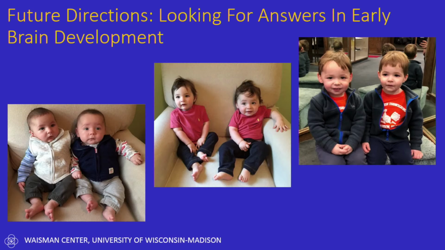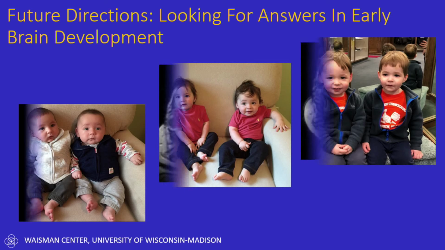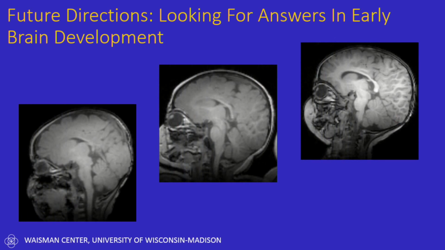And so looking forward, my interests are really in looking at early brain development. We know that a child develops very rapidly across the first 2 years of life, for instance. But we also know from imaging kids very young that there's tremendous brain development during this time.